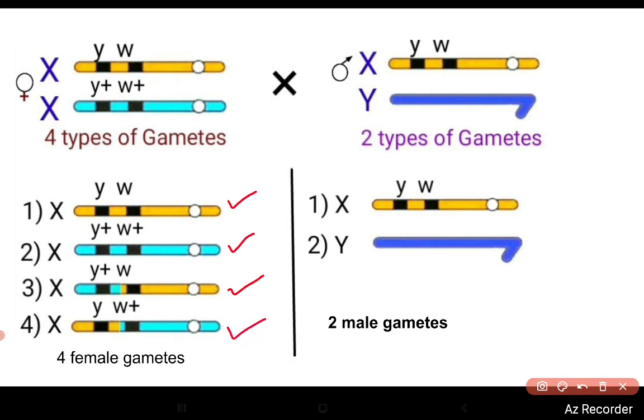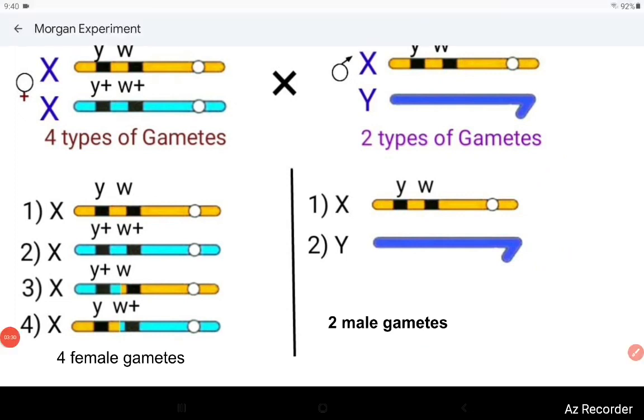So in females there are 4 combinations of gametes, 2 parental and 2 recombinants. In case of males, there are 2 male gametes, one with recessive traits and on Y there is no trait.